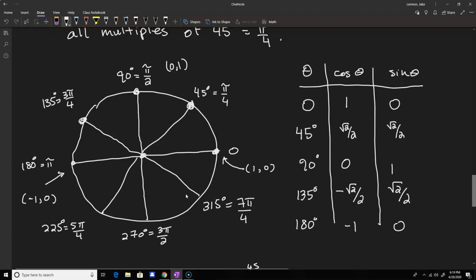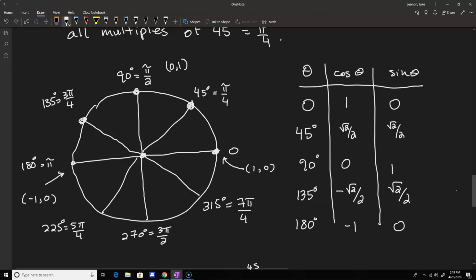All you're doing is replacing sine and cosine by square root of 2 over 2 for the triangles that are 45, 45, 90, and then you're thinking about what the signs of x and y are in their respective quadrants. And that's all you're doing to figure out the sine and cosine. So we're combining this fact from geometry along with our understanding of the coordinates from the Cartesian plane.